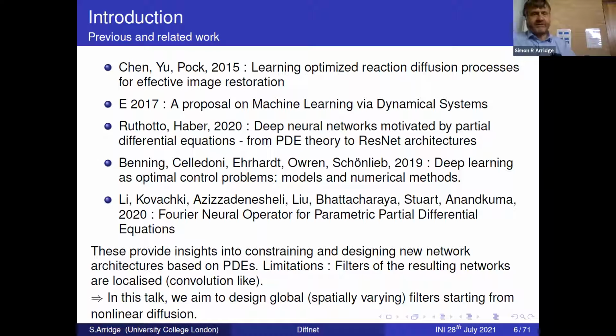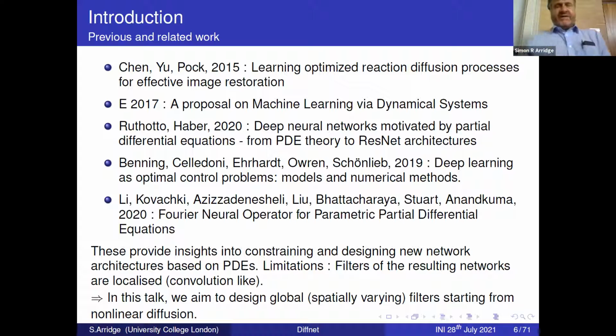Their relationship to optimal control has been explored, for example, by Benning et al. And lately, very interesting approaches looking at the infinite dimensional cases of Fourier neural operators from Andrew Stuart and his co-workers at Caltech.